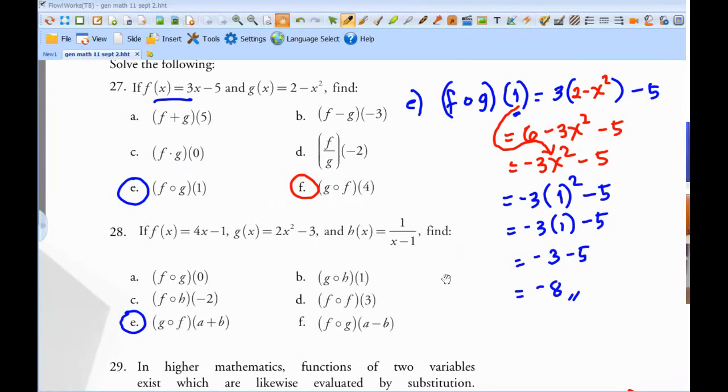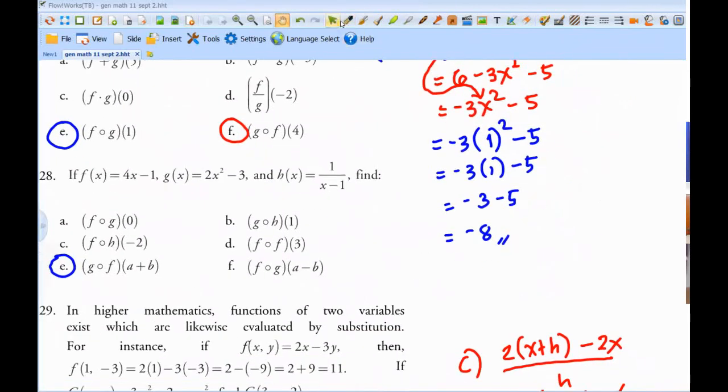So I'll solve letter E. So letter E, it will be g circle of f. Whatever your x here is, it should be the value of your f.